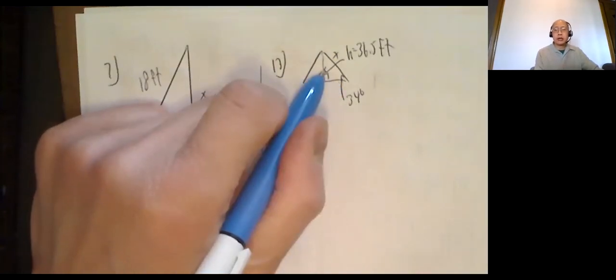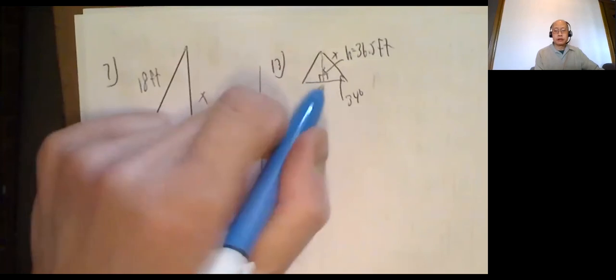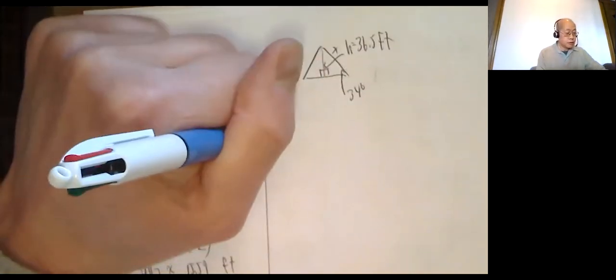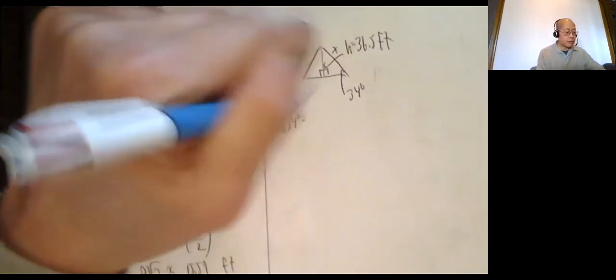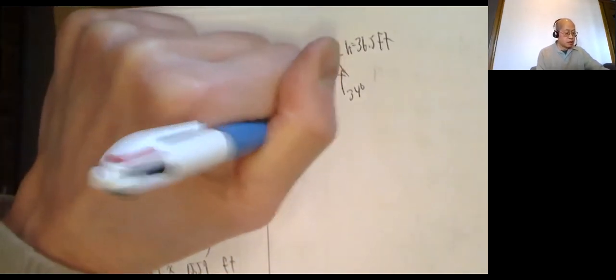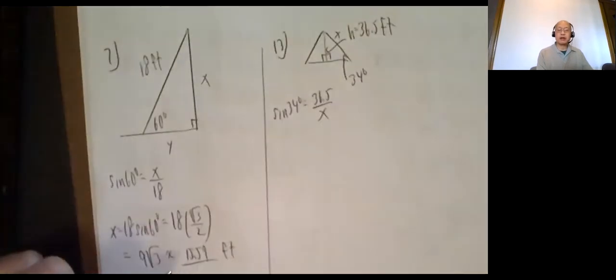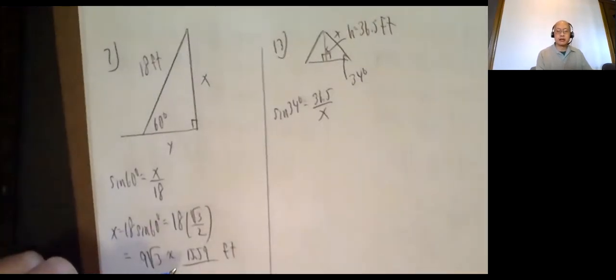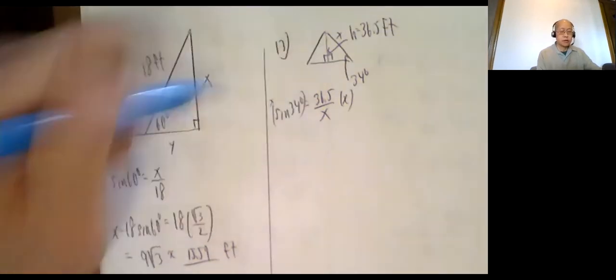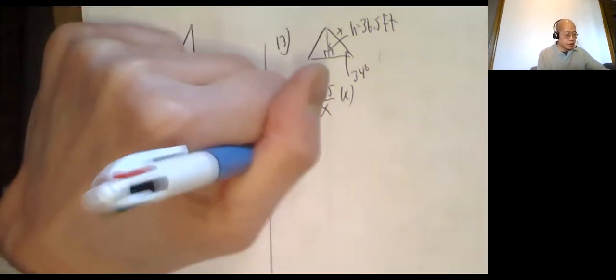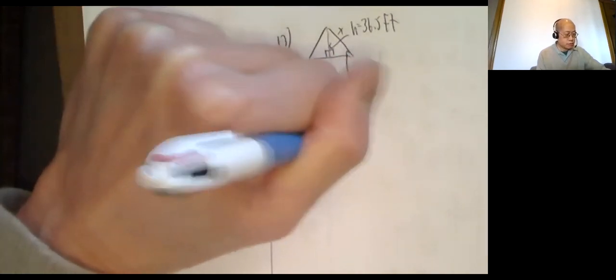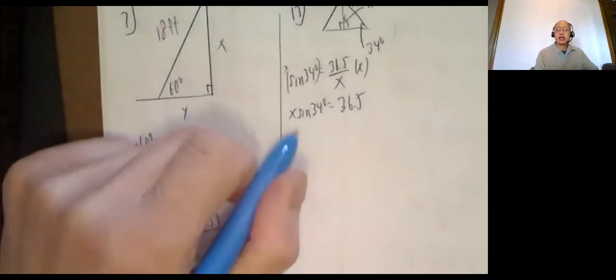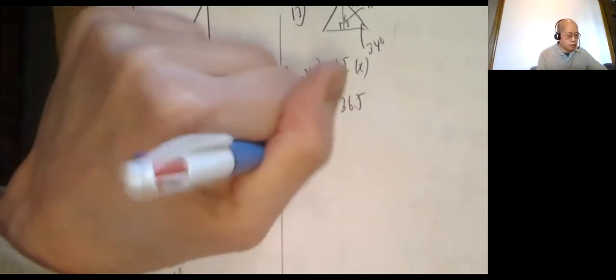Opposite, hypotenuse, so sine. Sine of 34 degrees is opposite, 36.5, divided by hypotenuse, X. Multiply both sides by X: X sine of 34 degrees equals 36.5. Divide both sides by sine 34.